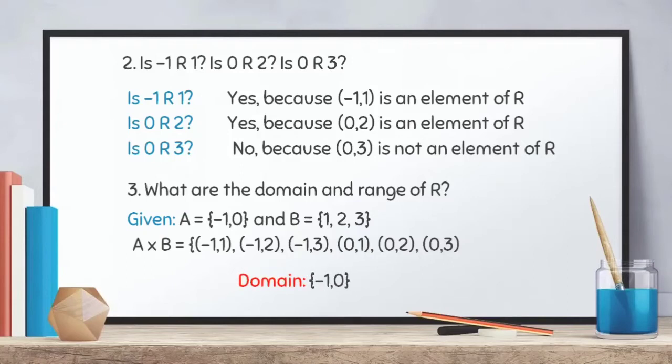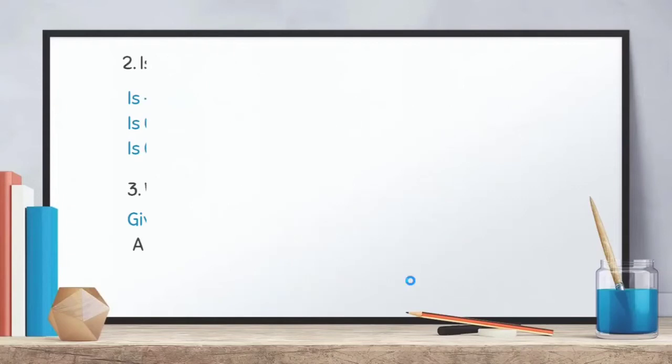And for our range, we're going to list all the values of our y, and that would be 1, 2, 3. Now, what did you observe with our domain and range? Very good. So our domain corresponds to the elements of our A, and our range corresponds to the elements of our B. All right?